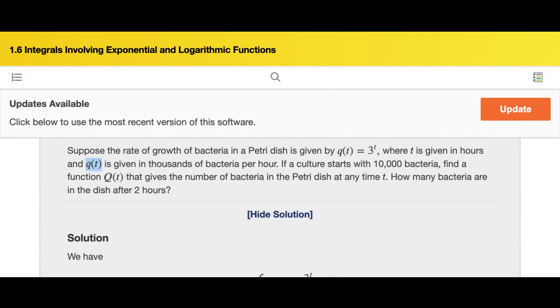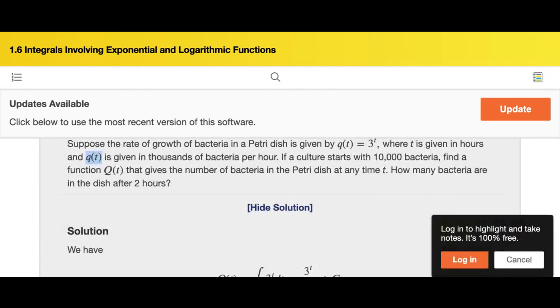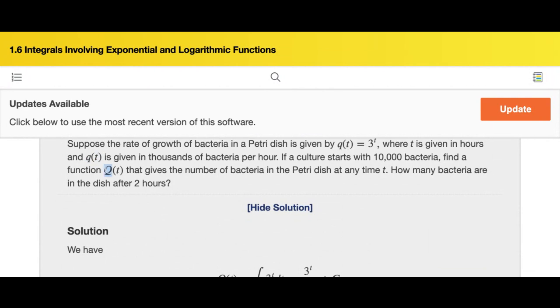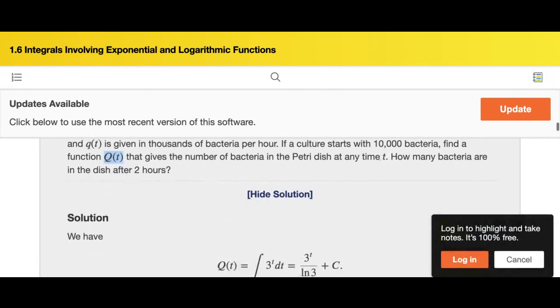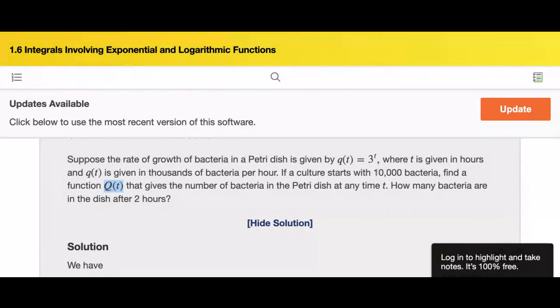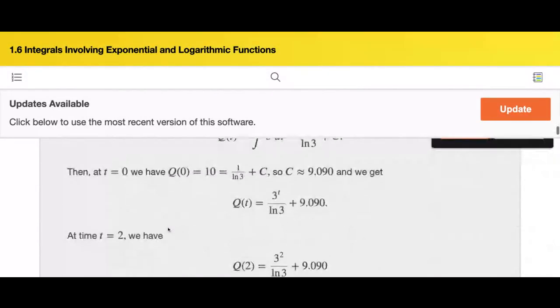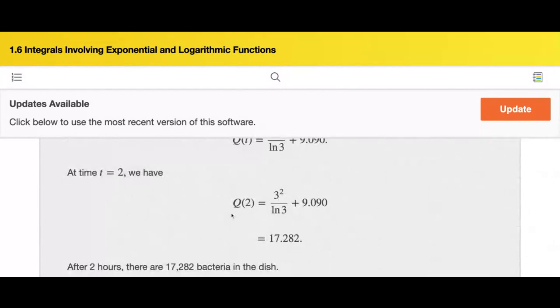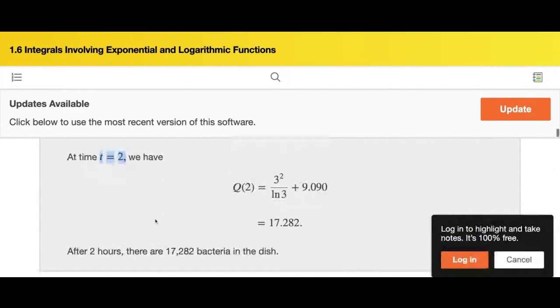If we do it one way, the lower limit is 2 and the upper limit is infinity. But we'll find a potential function because we're given this initial point: at time 0, we have 10,000 bacteria, so we can use this potential function. Once we use it, we just find Q of 2.